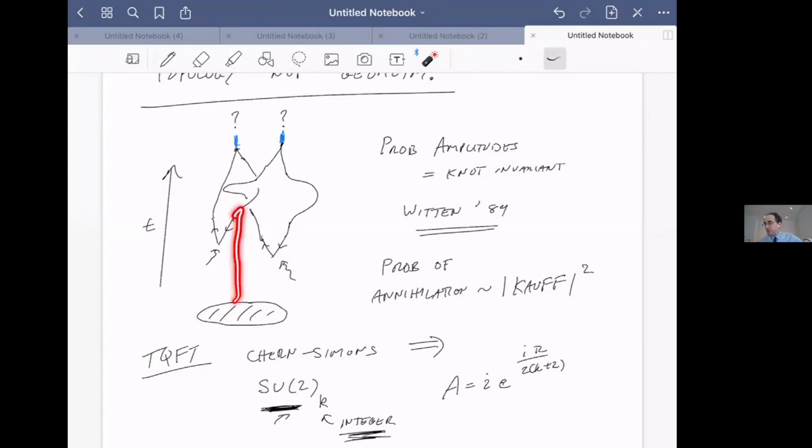So kets propagate forward in time, and bras propagate backwards in time in some sense, because you've complex conjugated, the time reversal or something like that.